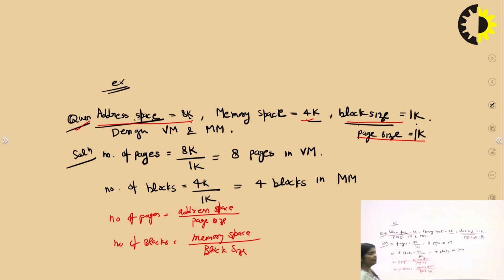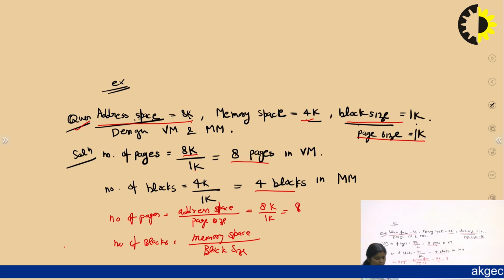So the total address space is given as 8K upon 1K, where 1K is the page size. So 8K upon 1K is 8 pages. And the number of blocks is 4K upon 1K, so 4 blocks in the main memory.